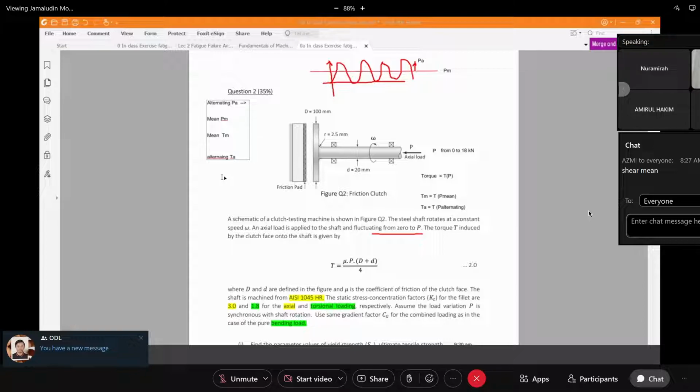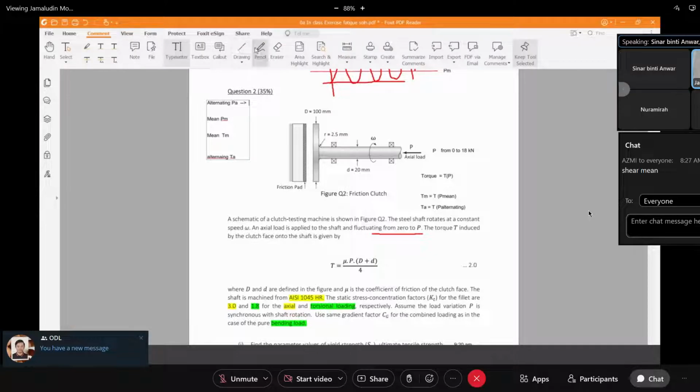Yes. Alternating axial loading will produce sigma alternating, sigma mean. When I say alternating, for sure it will produce alternating, right? Yes. That means for sure it will produce alternating.